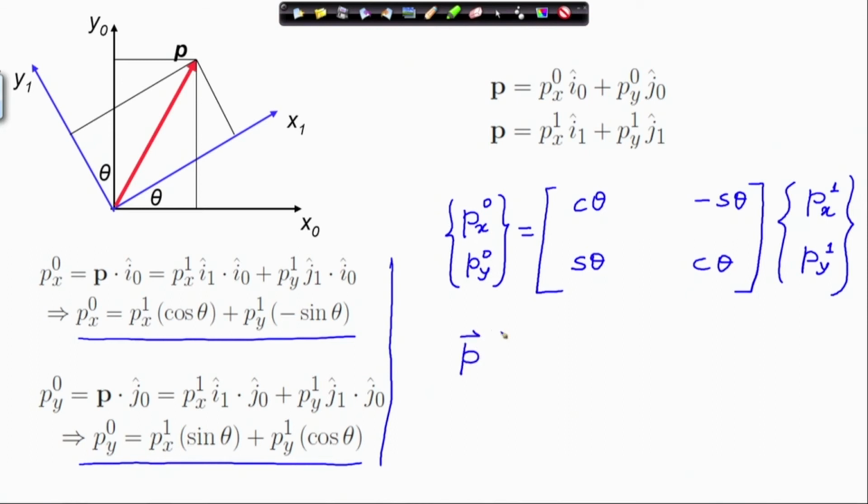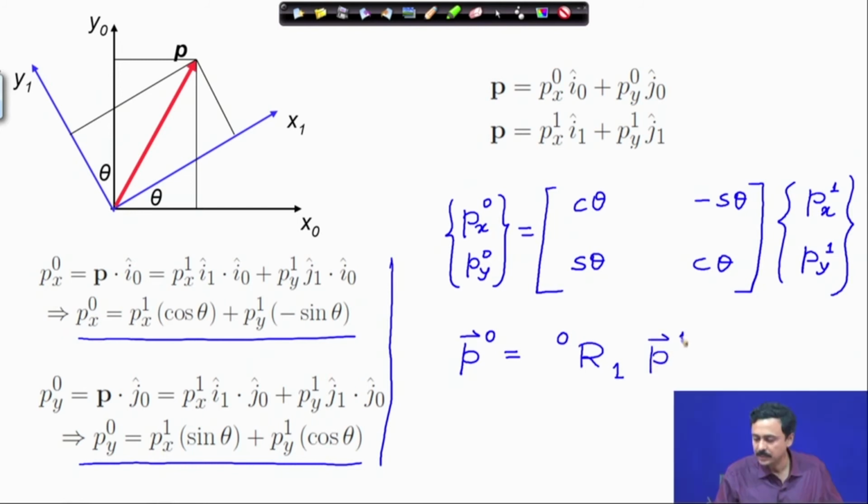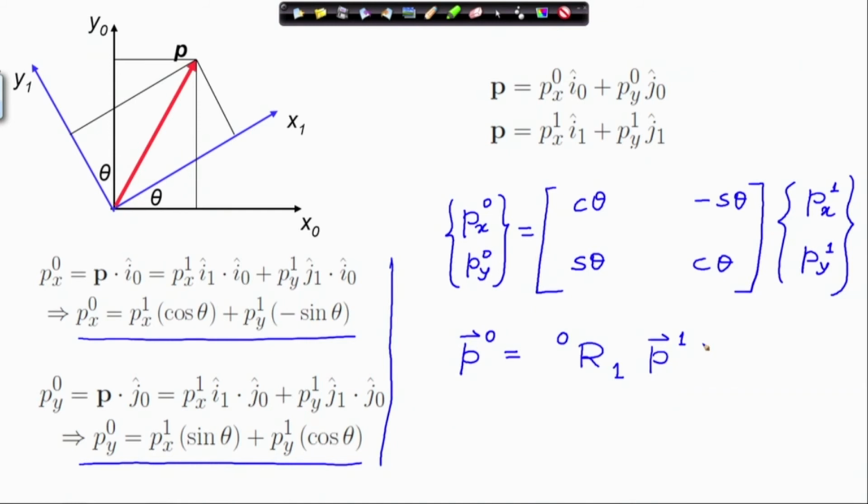Therefore, I will write this in a compact form as P vector represented in frame 0 equals the rotation matrix, which takes me from frame 1 to frame 0, times P represented in frame 1. So, this is how we are going to represent these vectors and show in which frame they are represented.